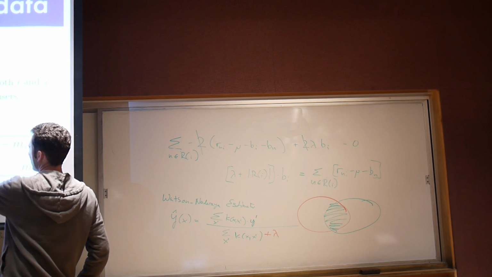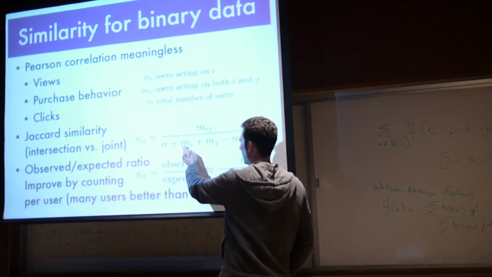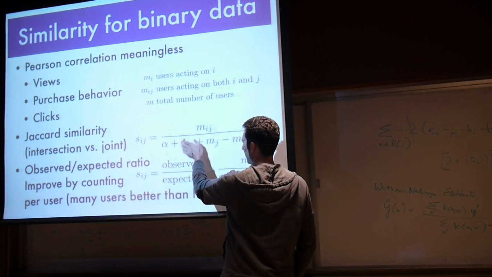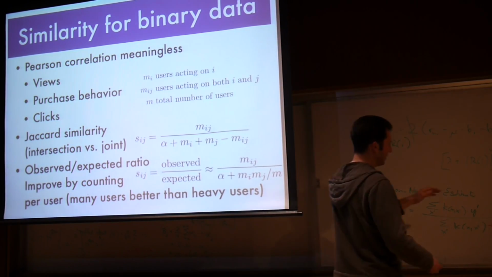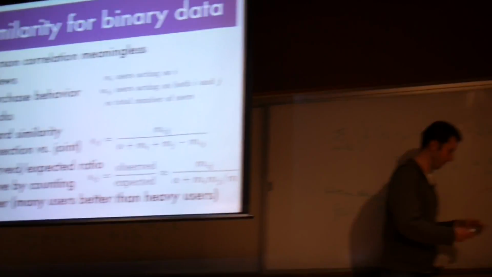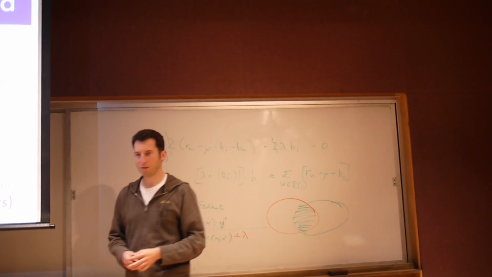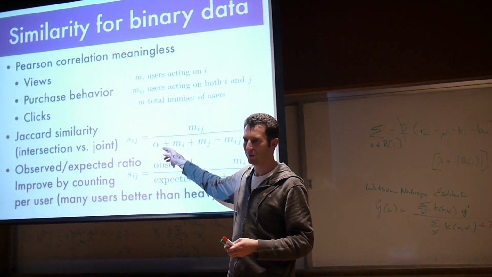It counts the number of items in the intersection divided by the number of events for item i plus the number of events for item j, minus the intersection. So that's really that entire set here, right? Because this is m_ij, m_i, m_j. And then to ensure again that we don't overfit, we smooth with some small coefficient alpha.